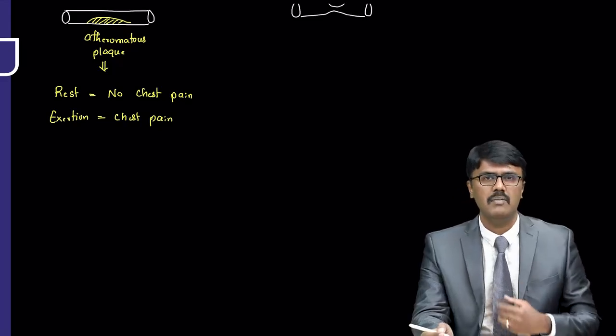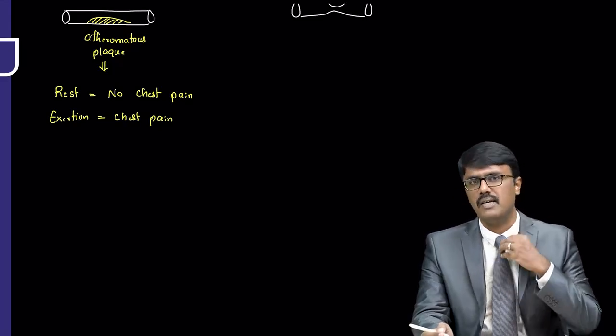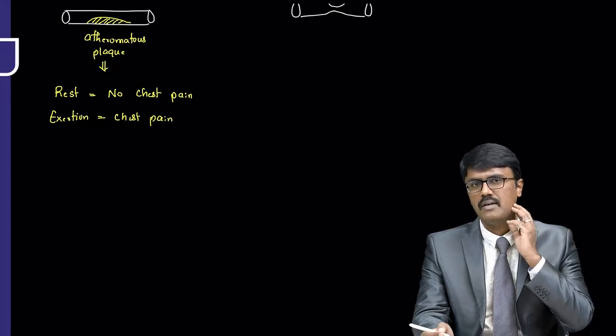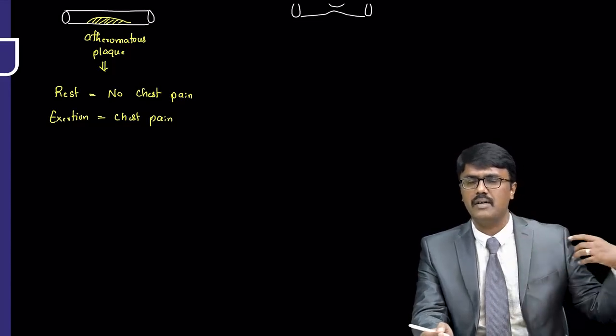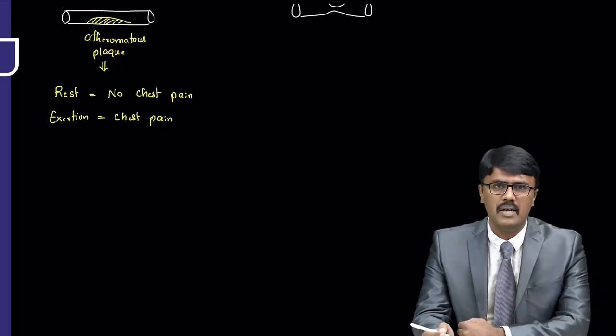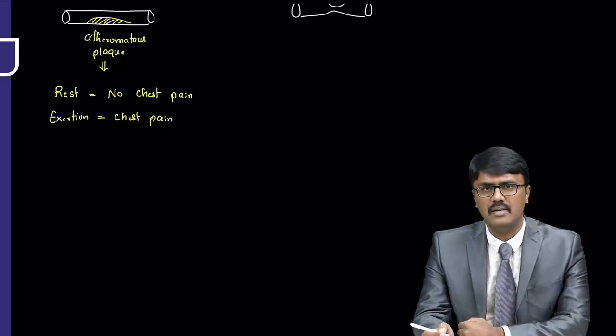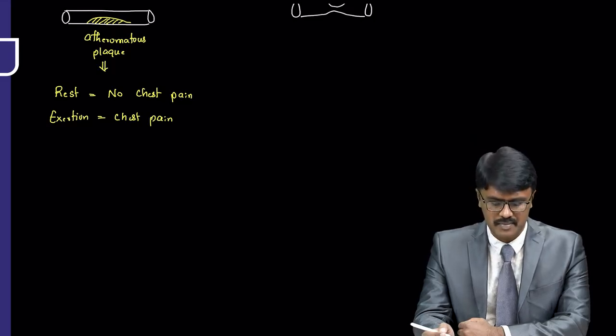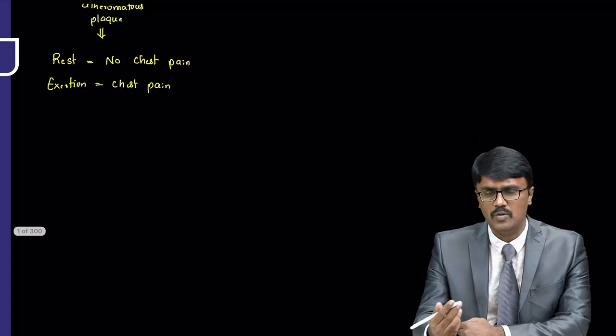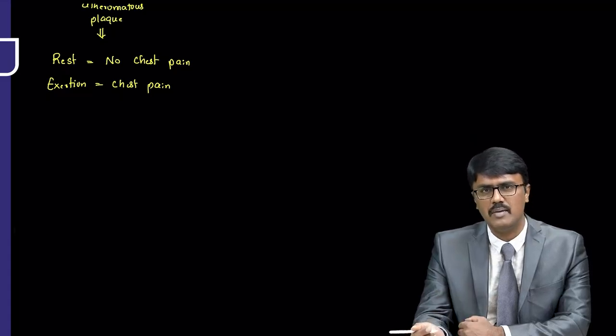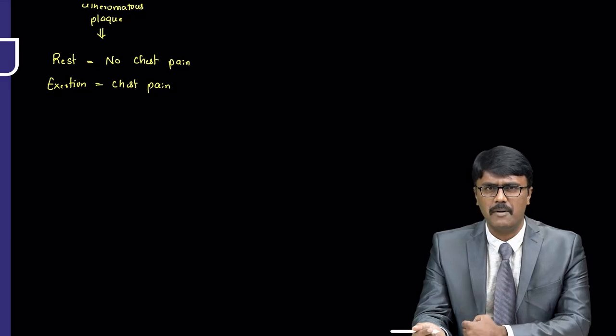Usually, this chest pain will be in the center of the chest. From there, it will radiate to the left side of the neck, jaw, and left arm, forearm, like that. Classically, this is the pain originating from the heart. And whenever the patient goes for exertion, that is walking or climbing stairs, suddenly he will have severe chest pain.